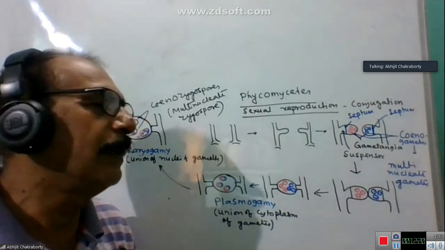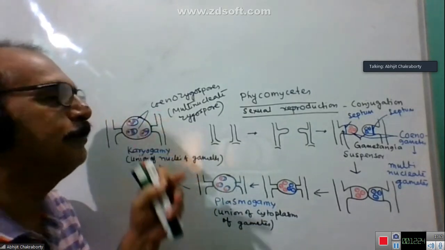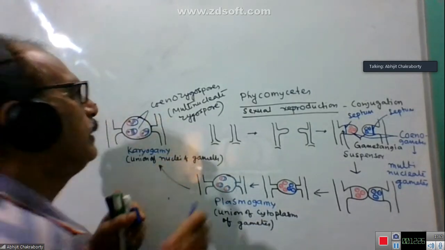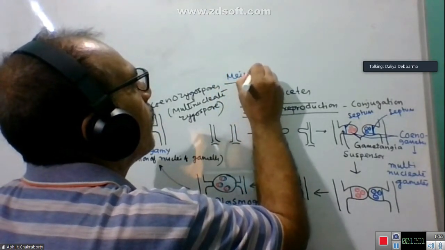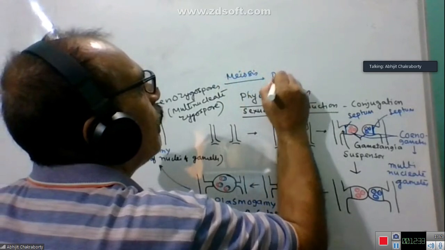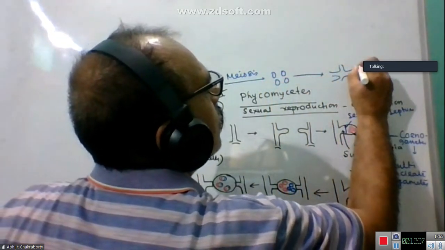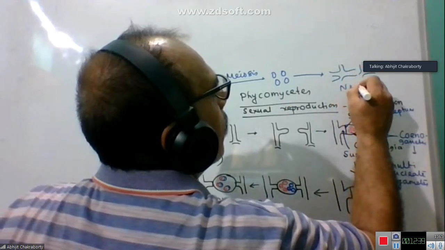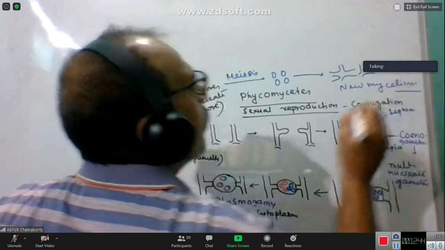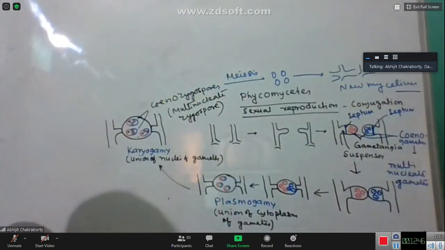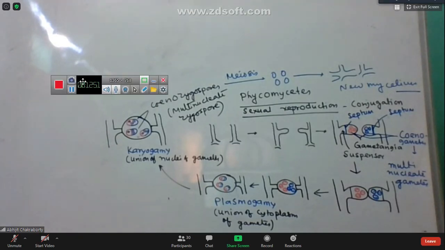And the product of fertilization should always be zygote. Now after that, coenozygospores are formed, then the zygospore undergoes meiosis to produce haploid spores, and they will give rise to new mycelium. This is what happens in the sexual reproduction of Phycomycetes fungi.